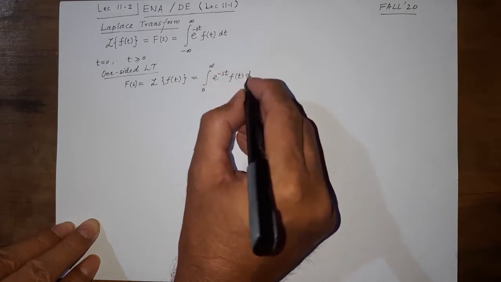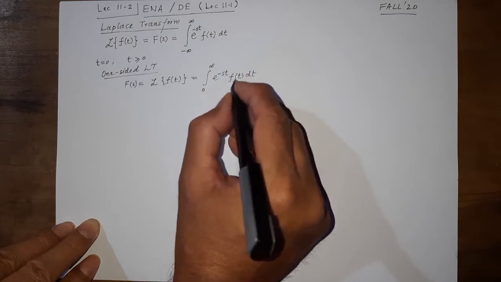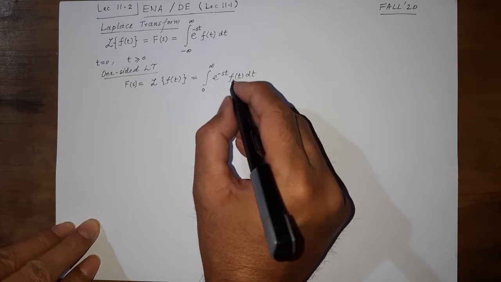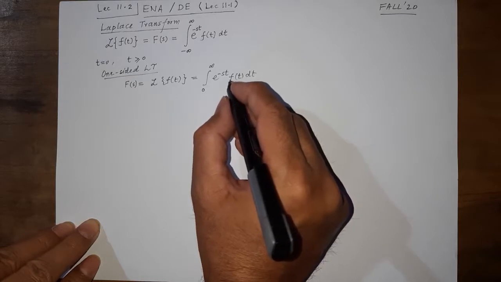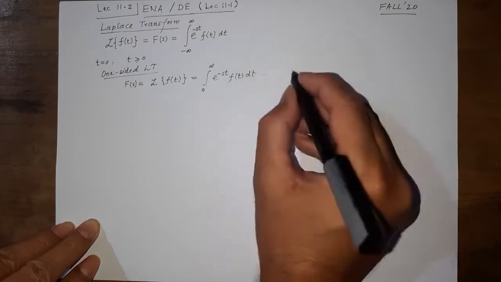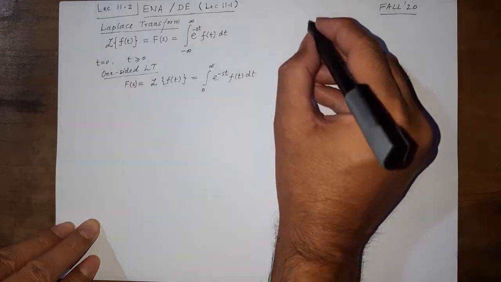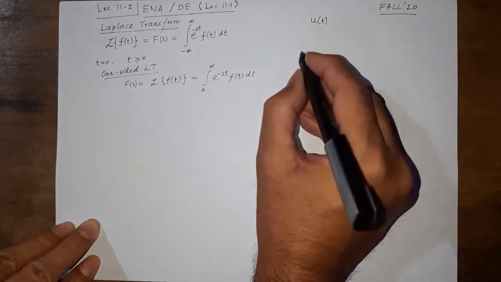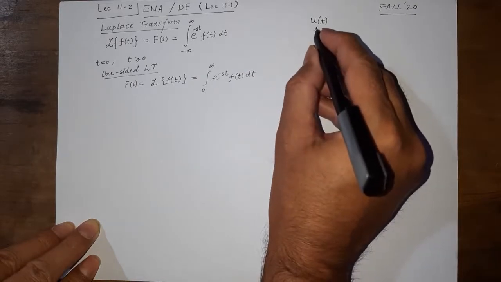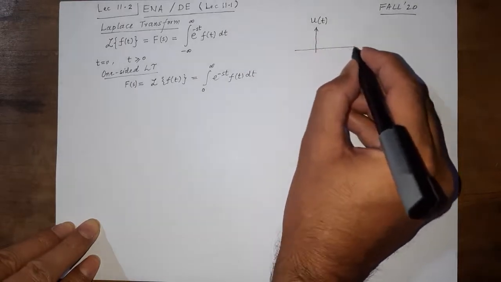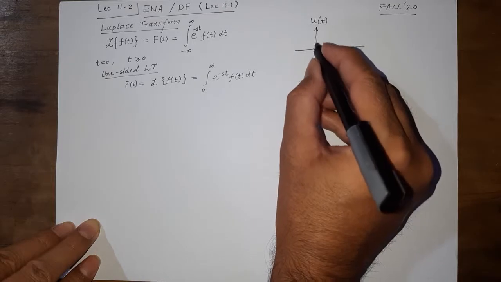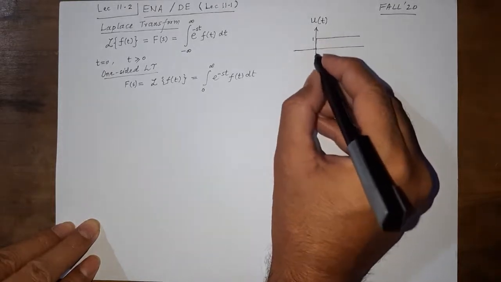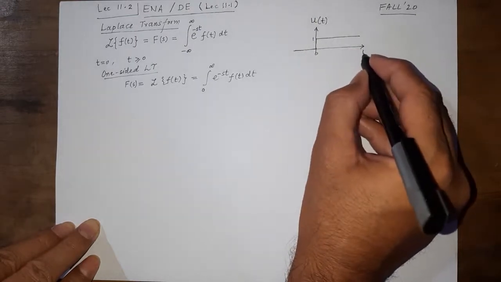Why? Because the voltages or currents that we will be encountering are often 0 before t is equal to 0. I hope you remember the unit step function u(t), which by definition is 0 before t is equal to 0 and has a jump or a step of size 1 at t is equal to 0.